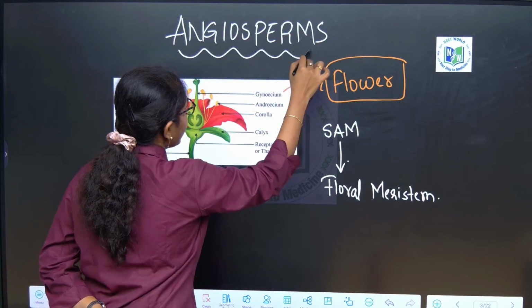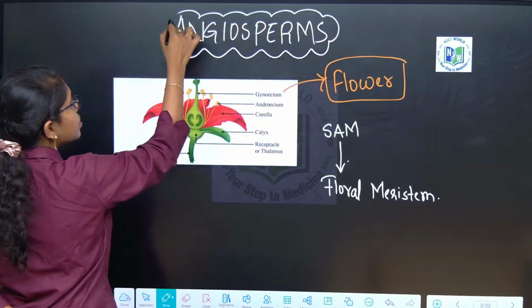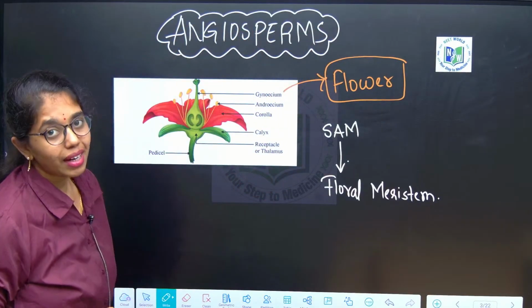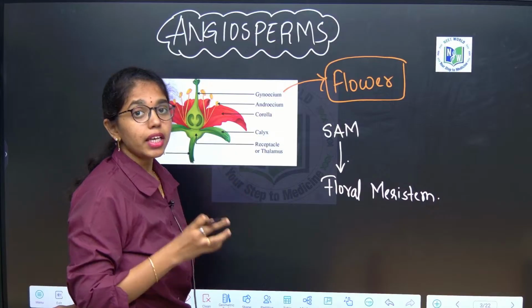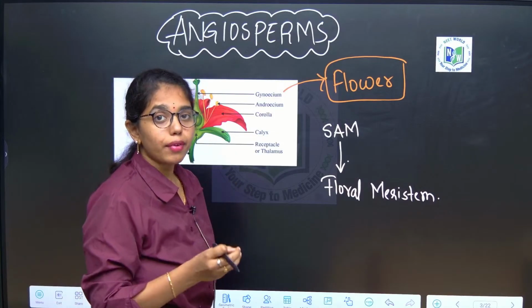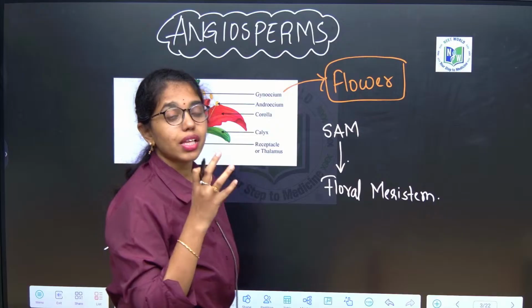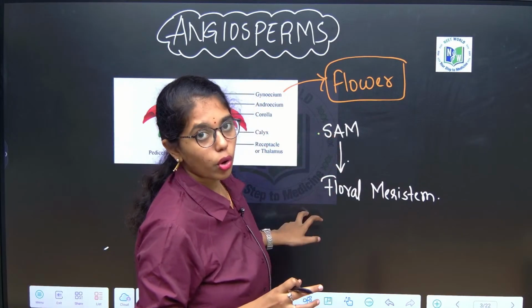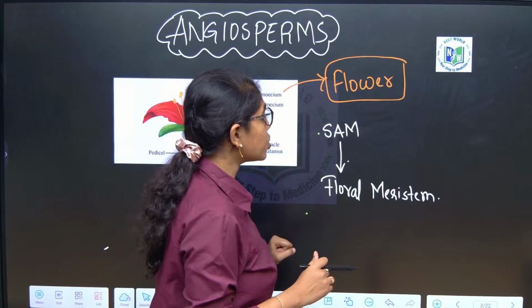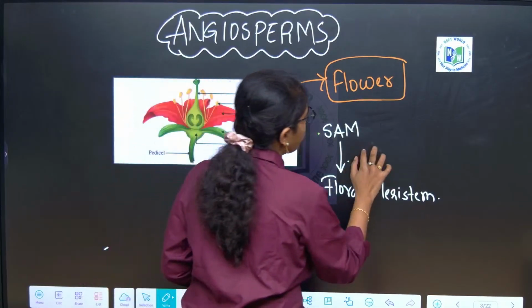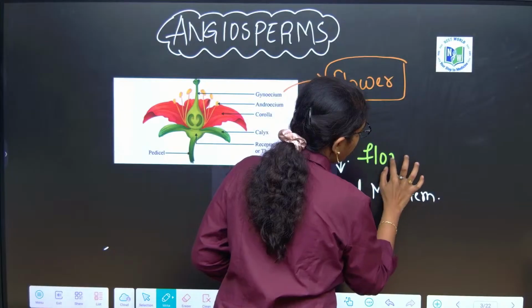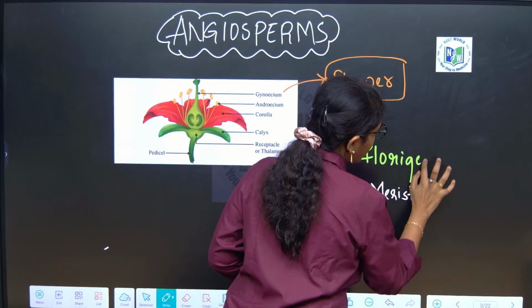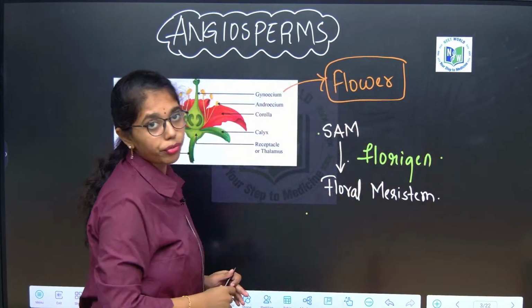So, what happens? The shoot apical meristem turns to floral meristem, and there are many hormonal and environmental changes that influence this change, which is done by a hypothetical hormone called florigen.